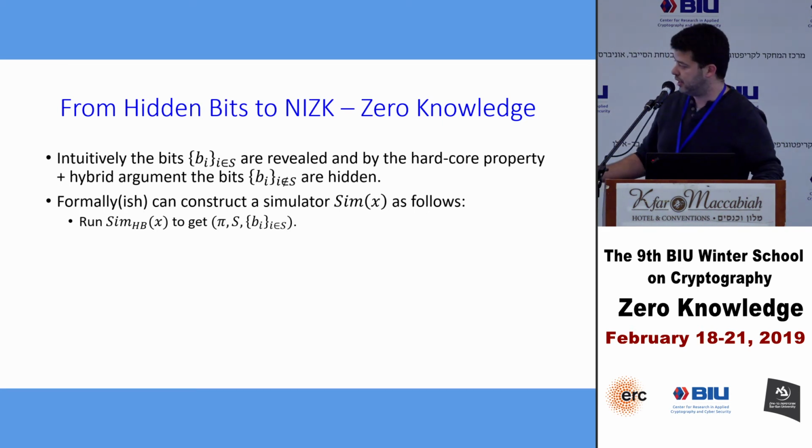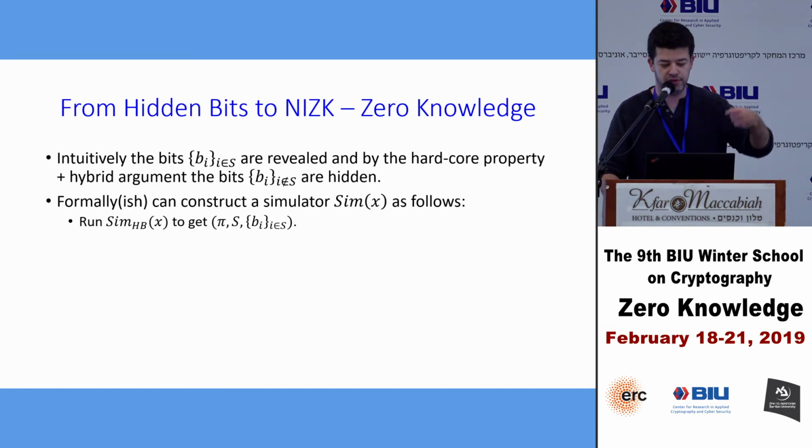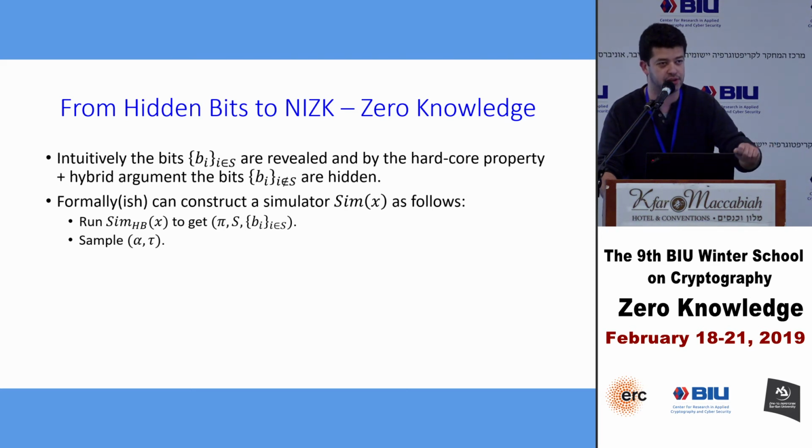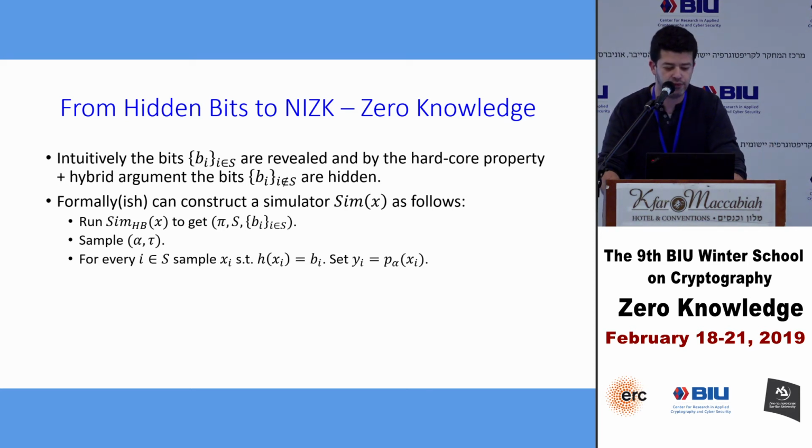So what does the simulator do given an input x? First of all, it runs the hidden bits simulator. The hidden bits simulator gives it a proof pi, a subset S, and a bunch of revealed bits corresponding to that subset. Now the simulator samples a trapdoor permutation, together with index and trapdoor. For all the bits i inside S, it samples xi so that h of xi is equal to bi. How does it do that? Just rejection sampling.